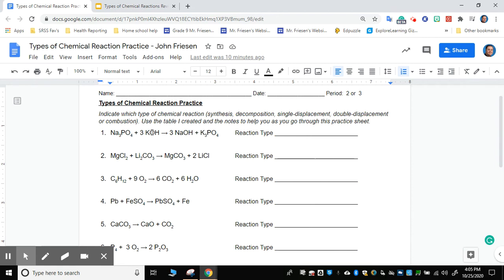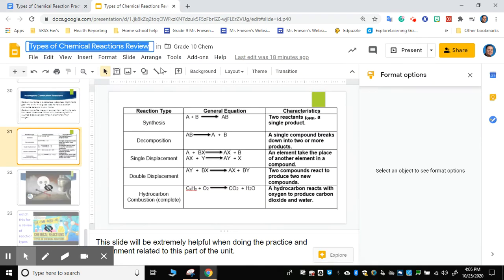So if we have two compounds yielding two compounds, which do these look the most like? It doesn't look like this one or this one. Does it look like we have an element and a compound yield?